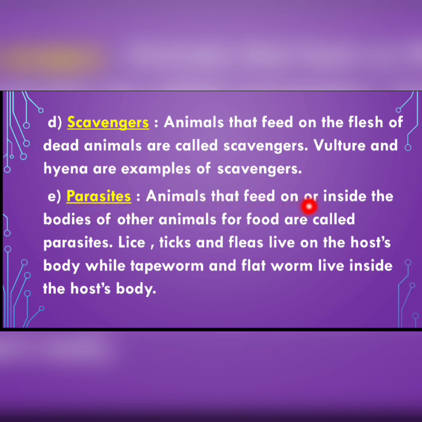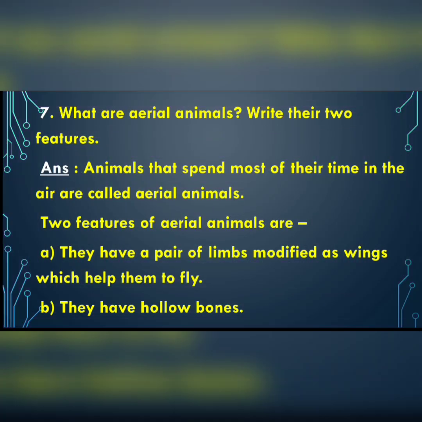Animals that feed on or inside the bodies of other animals for food are called parasites. Lice, ticks and fleas live on the host body, while tapeworm and flatworm live inside the host body. So this much is the answer of question number D6.